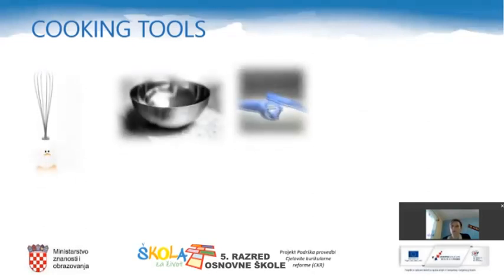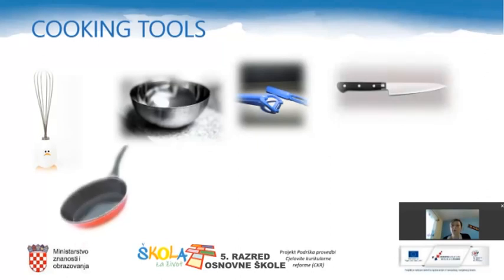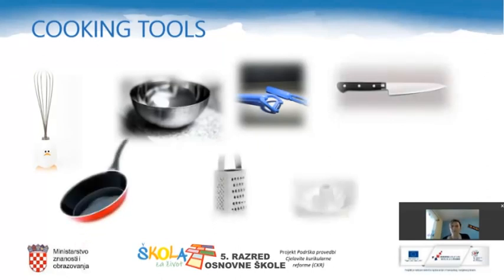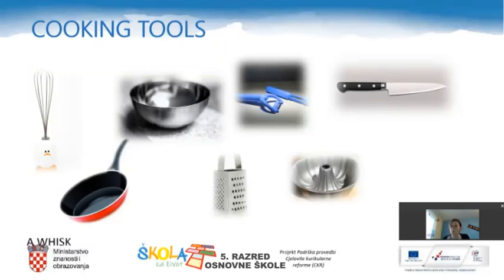These cooking tools are the most used items in my house. Do you know the names of these cooking tools? Do you have them in your house? If you know the names, let's check. If you don't know the names of these cooking tools, let's find out.